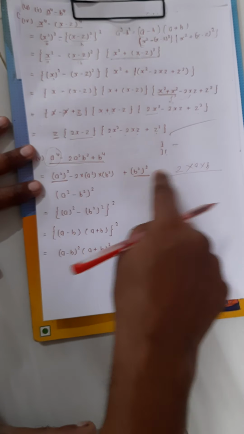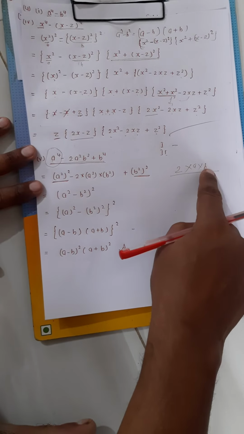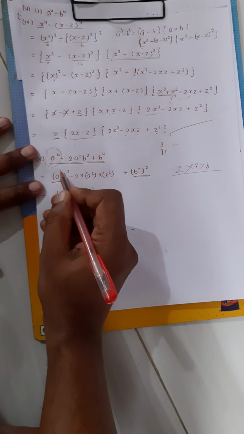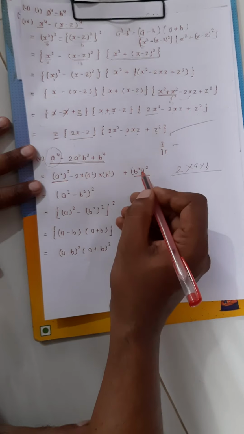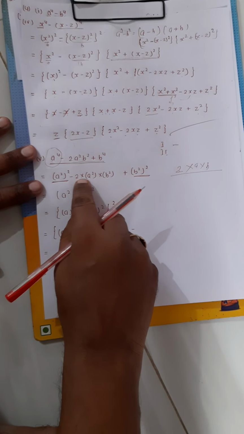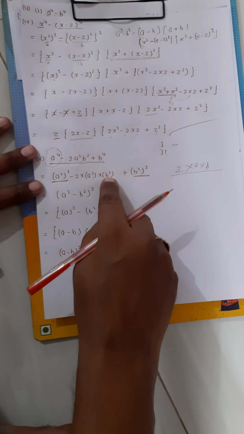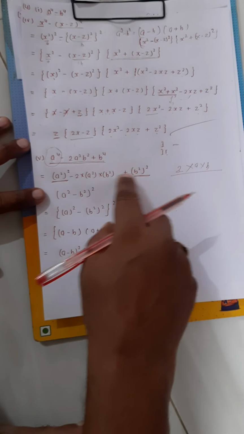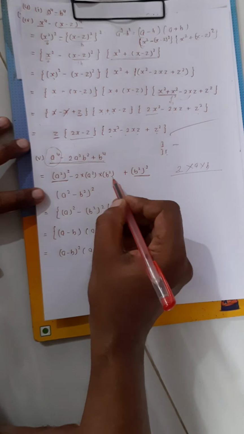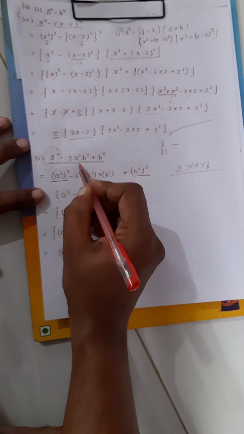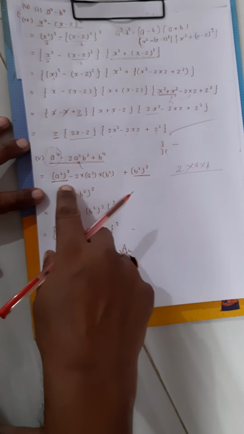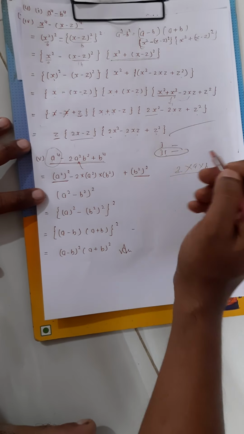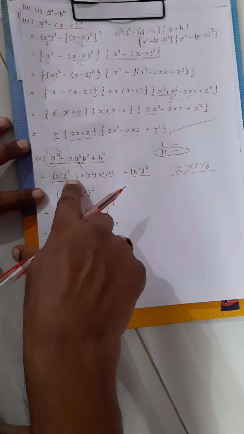And second we need 2ab. 2ab means 2 into a, the number a square, and b means the number b square. 2 into a square b square, the value will be 2a square b square, and this comes. So this fulfills identity number second, because here there is a minus sign.